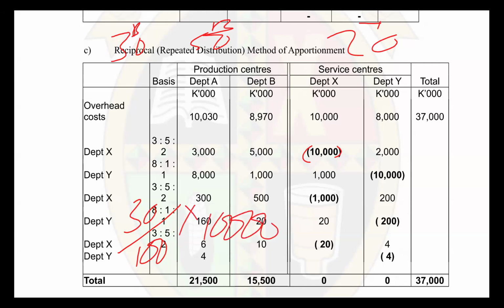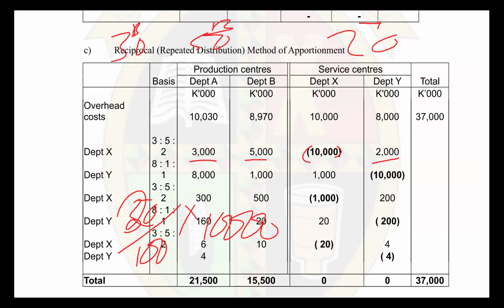And that gives us 3,000 to A, right? When you go to department B, you just say 50 over 100 times 10,000, which gives us 5,000. And to department Y, we say 20 over 100 times 10,000, giving us 2,000, right?